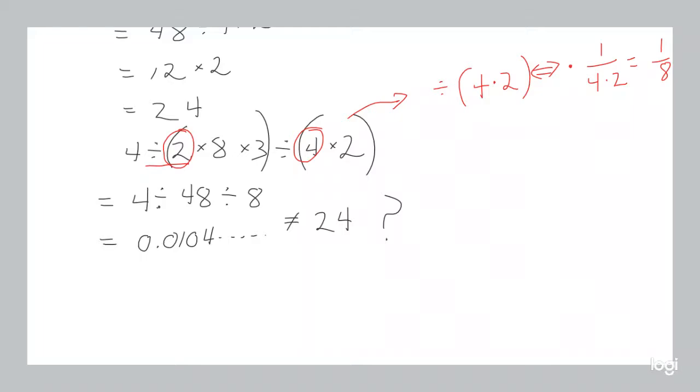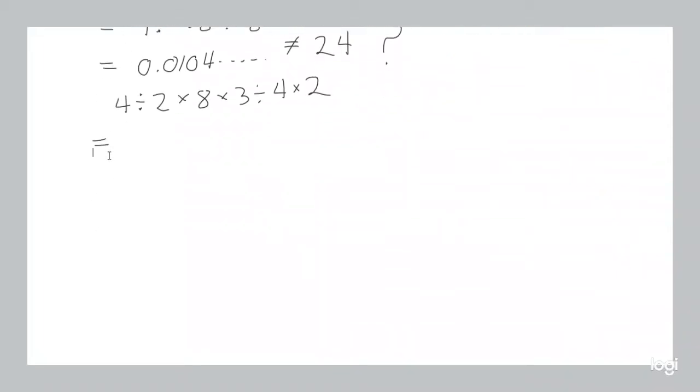So if we record our division in a way that clearly communicates that dividing by a number means multiplying by 1 over that number, then we don't run into these issues. Okay? 4 divided by 2, well, we're actually multiplying by 1 over 2.